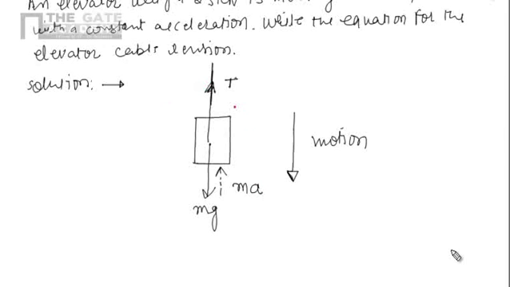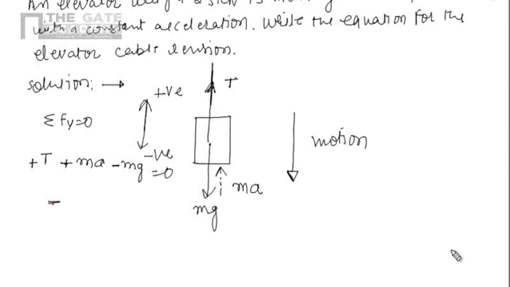So now it is in equilibrium, so we can apply the conditions of equilibrium, that is, the algebraic summation of all vertical forces should be 0. In vertically upward direction we have T. According to our sign convention, vertically upward is positive, vertically downward is negative. So this one is positive. The inertia force ma is also upward, and mg is downward.